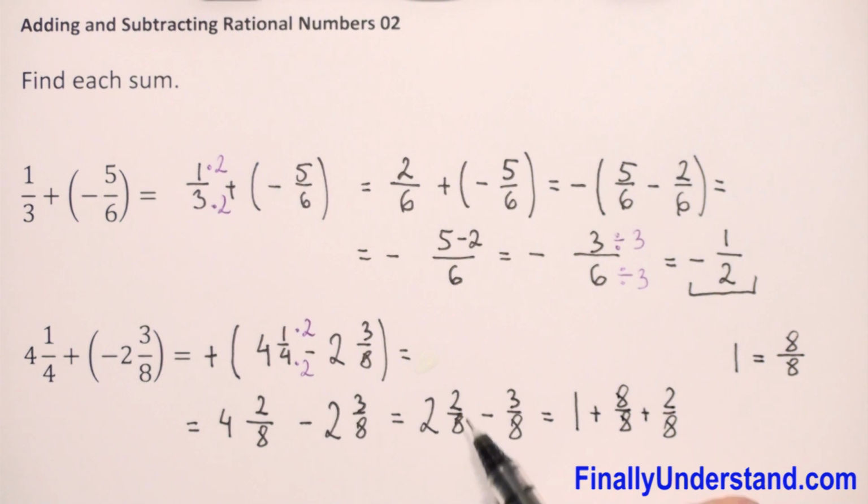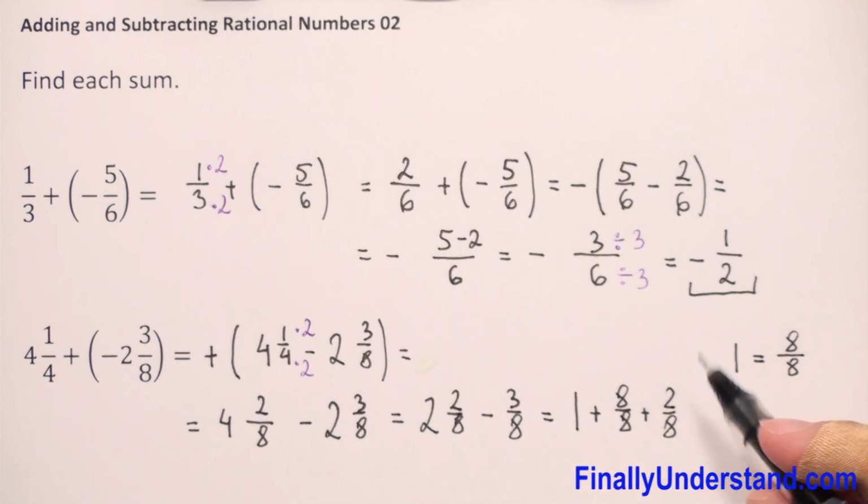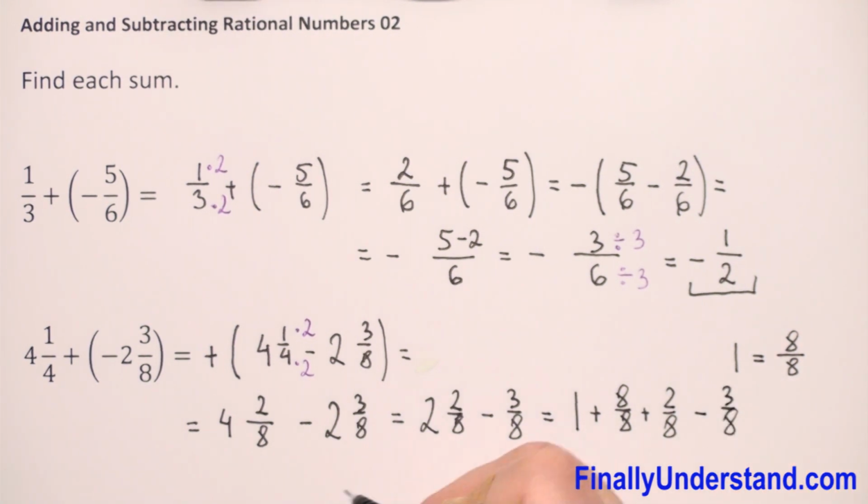This is our first number. 8 over 8 is 1. I didn't change our number, so this is 1 plus 1, so it's 2, and 2 over 8, the same as what we have at the beginning. And we need to subtract 3 over 8. So this is equal 1.